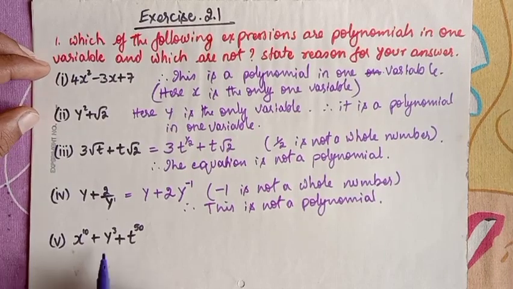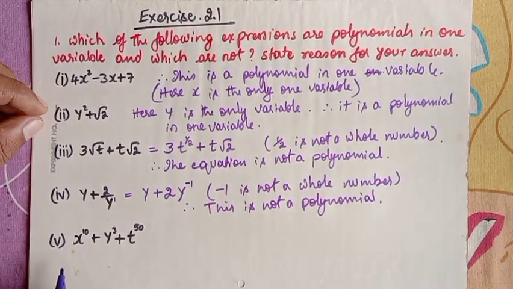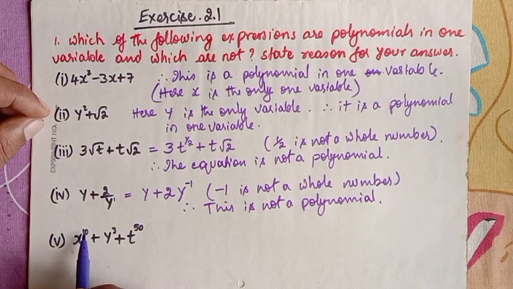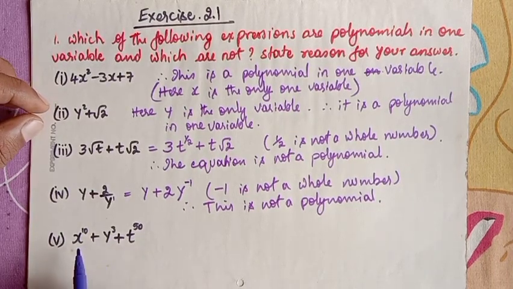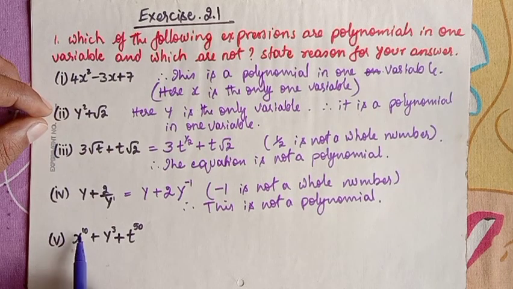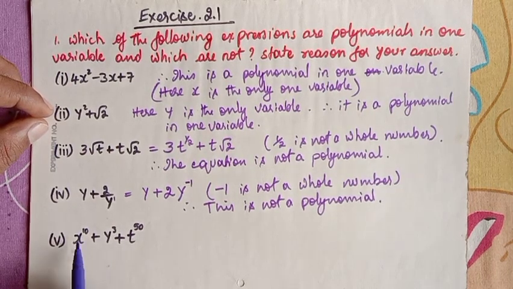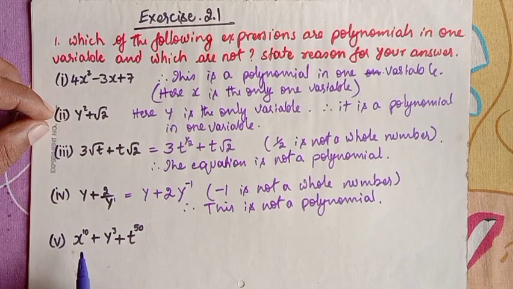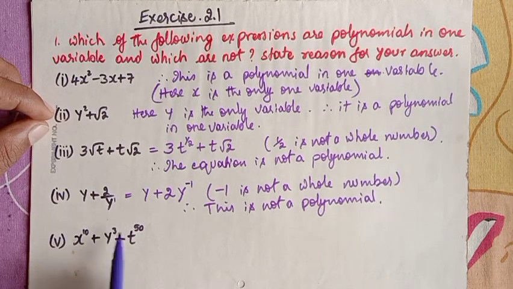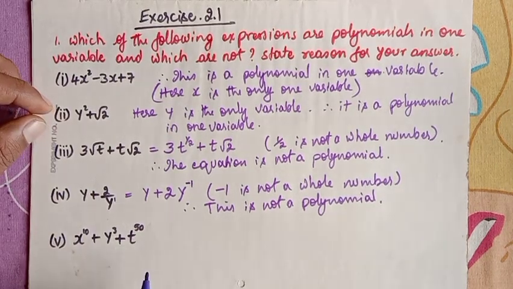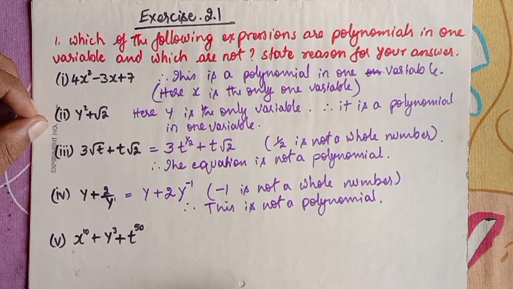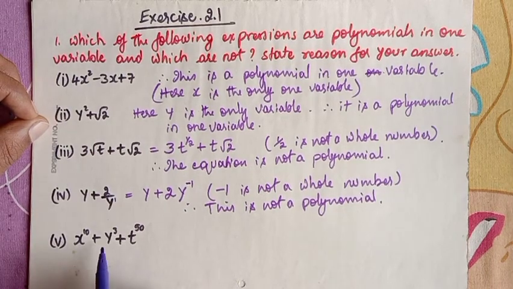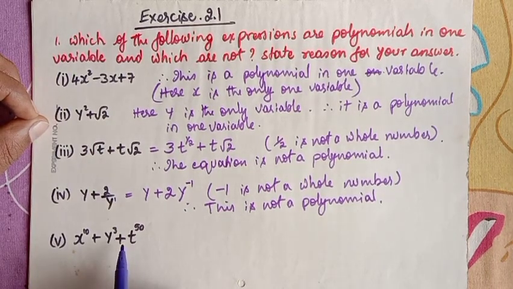Whereas in the fifth question, here you will be seeing x to the power of 10 plus y to the power of 3 plus t to the power of 50. Here all the variables are having whole numbers as their exponents. Yes, this is no problem. But here the problem is with the x, y and t.